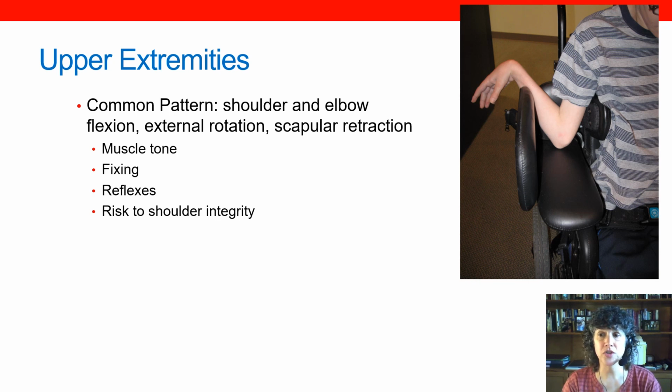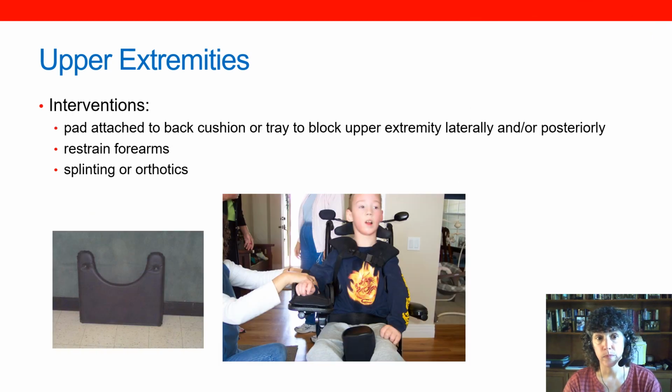This is a real risk to shoulder integrity, particularly if the arms hang to the side or hang back, as during a tilt, we can end up with dislocated shoulders. So what do we do? Well, sometimes we can place a pad on the back of the tray or on the back canes, or attach it to the back of the seating system so that someone's arms can't fall completely behind them.